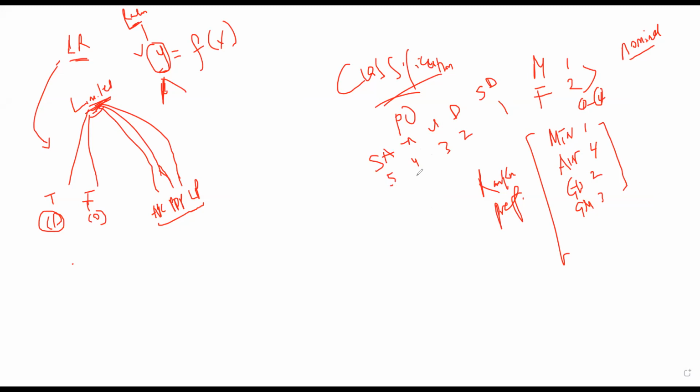Is 5 greater than 4? Yes. Is 4 greater than 3? Yes. Is 3 greater than 2? Yes. So what kind of measure is this? It's an order, what they call ordinal measure. This one is called nominal measure. Is that clear? Nominal and ordinal measure. Okay, good.